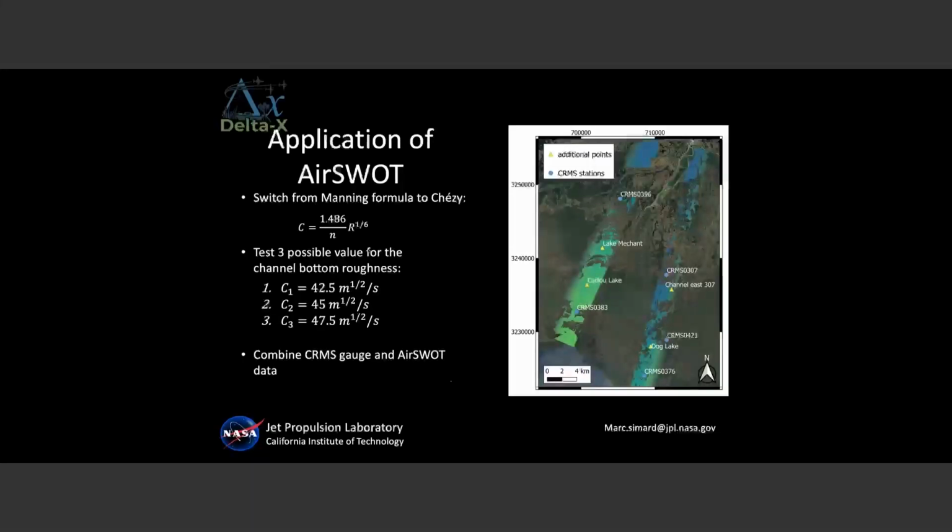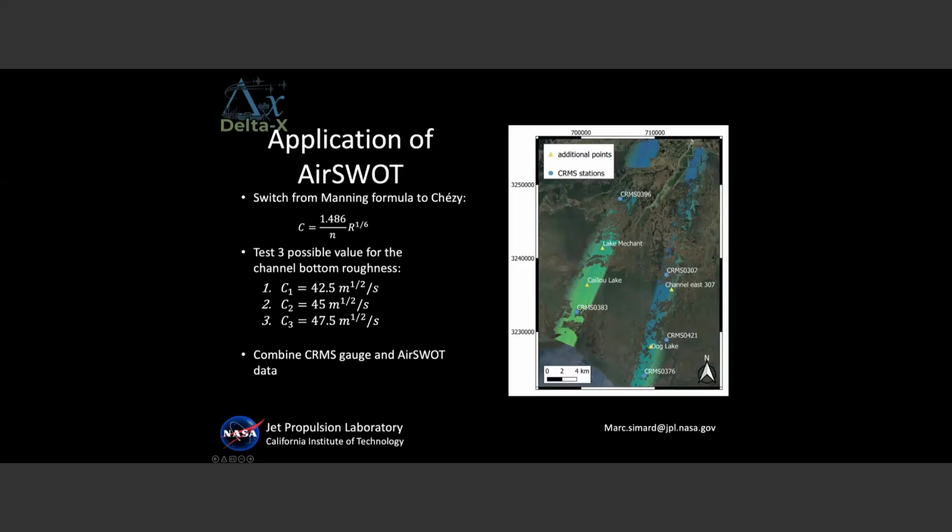So AirSwap, we've been also using AirSwap. So I showed results with UAVSAR, but AirSwap here is being used over the open water surfaces, so not in the wetlands. And you have very large gradients of several tens of kilometers going from south to north across the Mississippi River Delta.